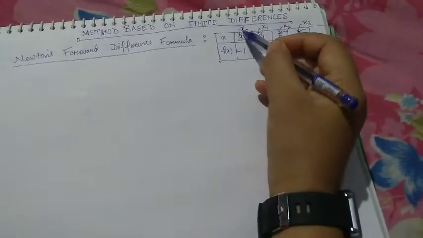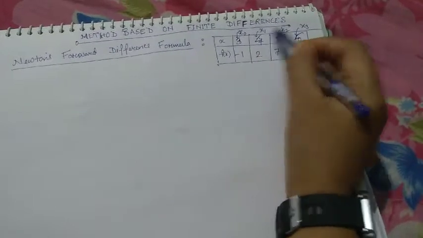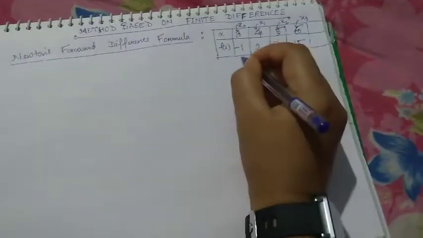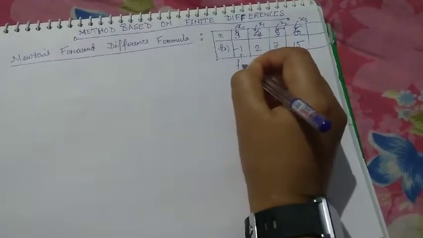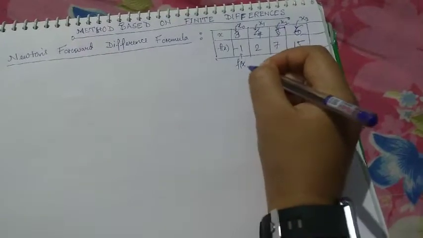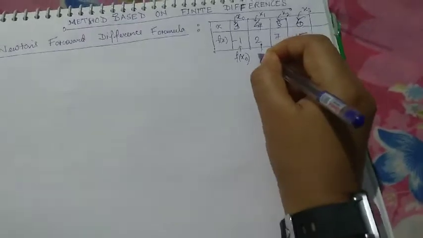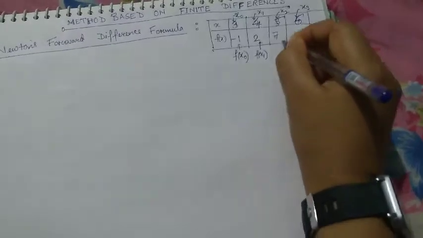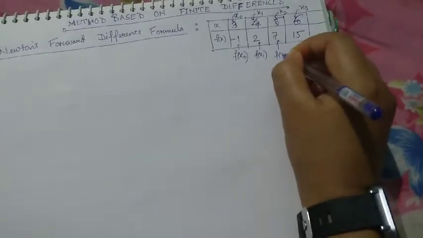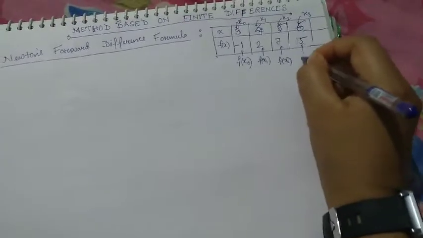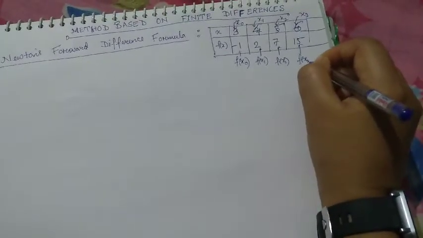So first x0 means x0, this is x1, x2, x3. Similarly this will be called f(x0). This will be called f(x1), this will be called f(x2), similarly this will be called f(x3).